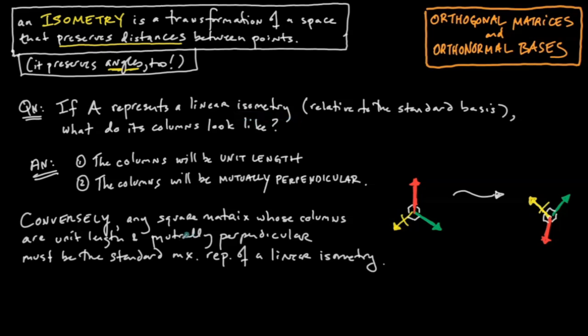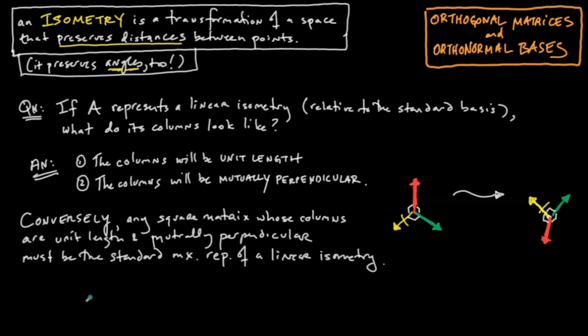So yes, if we have a square matrix whose columns are unit length mutually perpendicular vectors, so that we end up with a new basis frame that looks like the standard basis frame, then that matrix must be the standard matrix representation of some linear isometry. In a footnote in the book, I spell this out in a little more detail for those who might be interested. But as I said before, it's pretty obvious. So you should have an intuitive feel for why it is so.